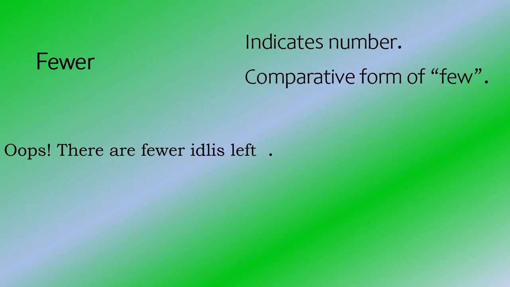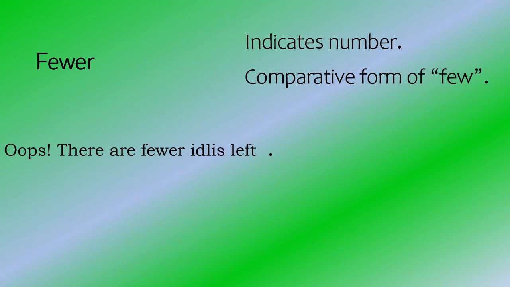That idea we'll get with the help of the determiner fewer in this sentence. Hence, we can say that fewer gives us an idea of number. It indicates number of a particular noun.